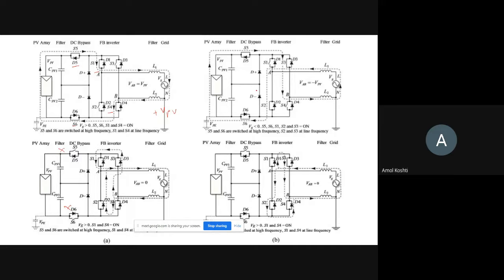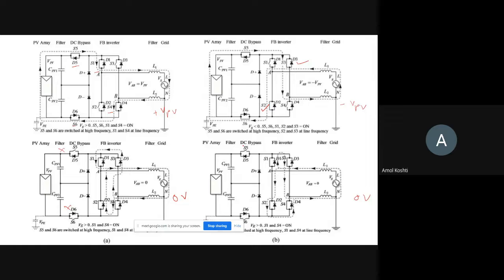While producing the negative half, S3 and S2 switches are turned on, and here they have produced minus VPV. Here again they have produced 0 volt, and here also they have produced 0 voltage. So in this way, again the output is produced here. That switching you can understand through this. The diodes and the switches are turned on there.